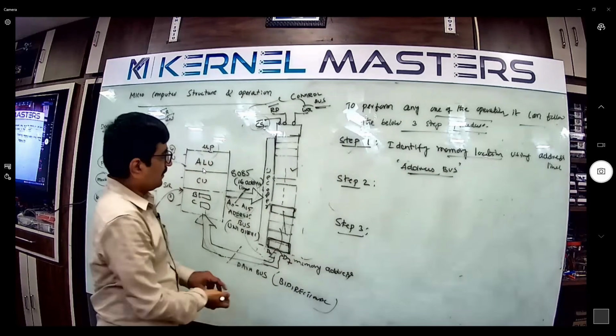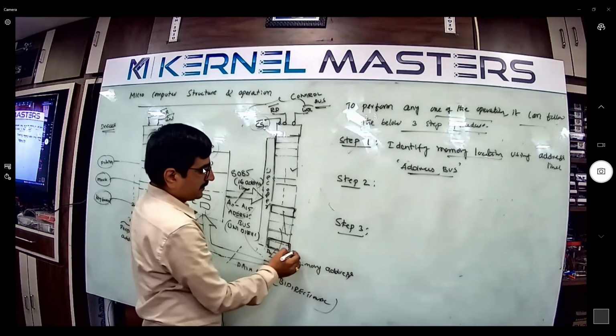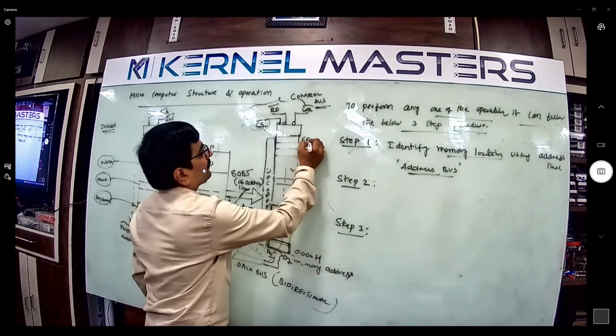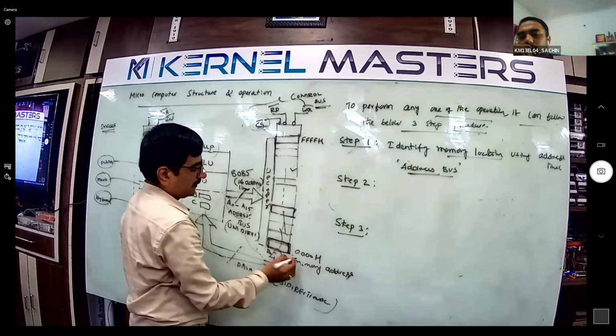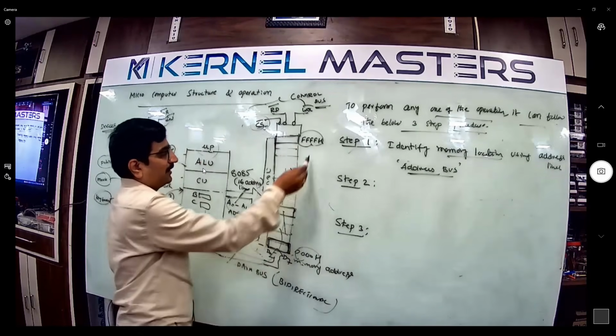The address always depends on a hexadecimal number only. 0000H to FFFFH. These are addresses.